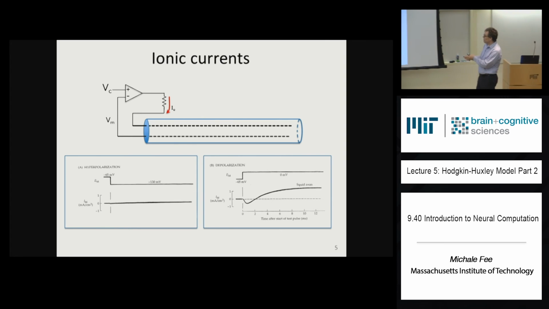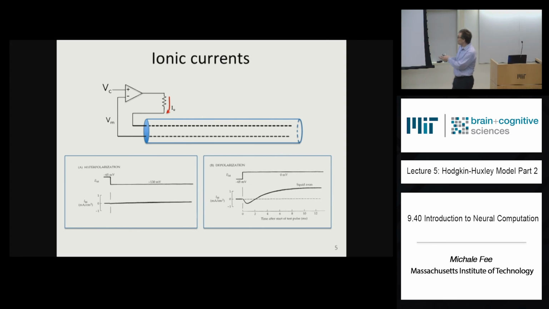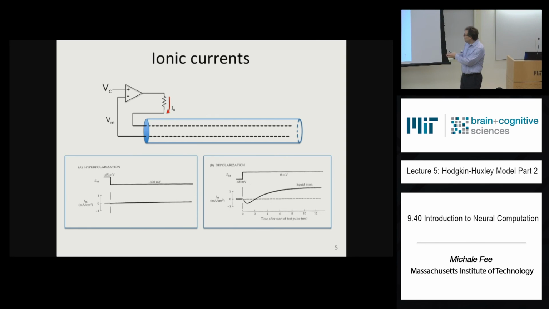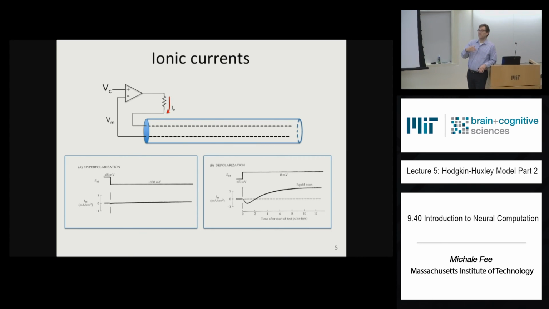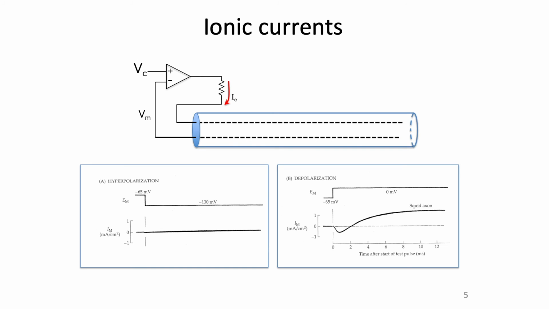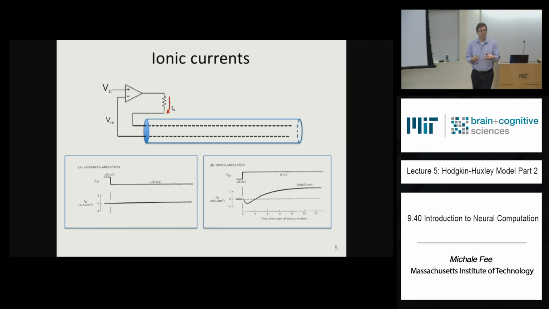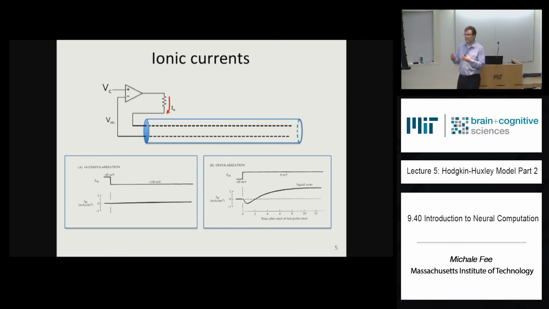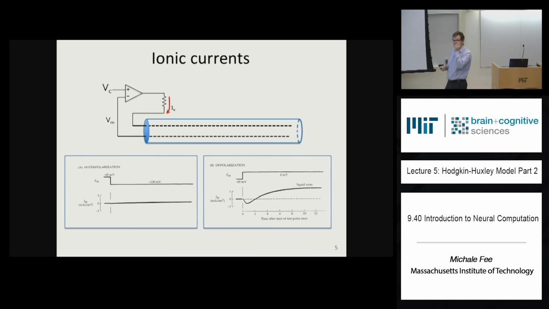The typical experiment would be to hyperpolarize or depolarize the cell to fixed membrane potentials and measure how much current passes through the membrane during and after that transient change in the command voltage. If you start at minus 65 millivolts and hyperpolarize the cell, not much happens, because those currents are already off at minus 65 or at lower voltages.